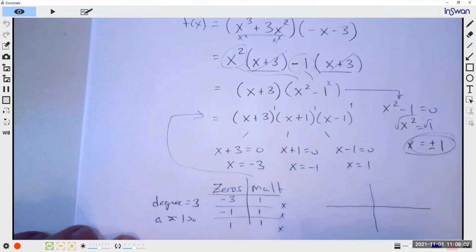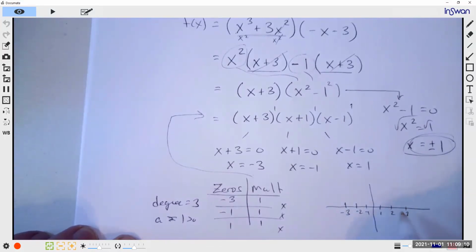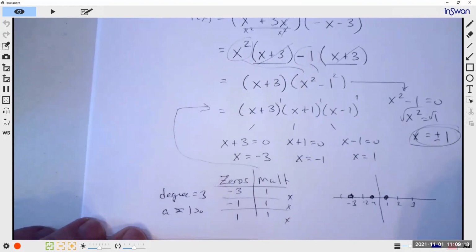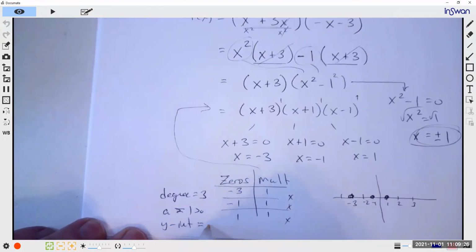So -3, -1, 1, 2, 3. We have zeros at -3, -1, and 1. We have a y-intercept at -3.